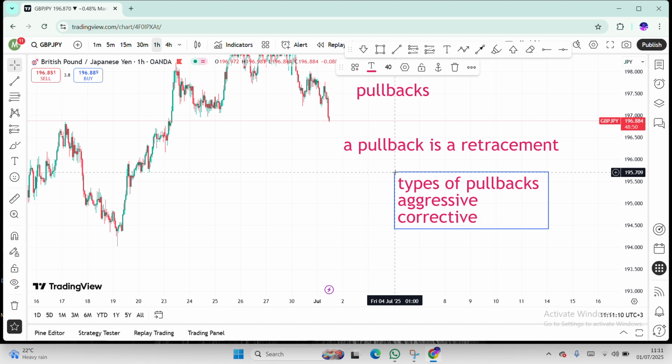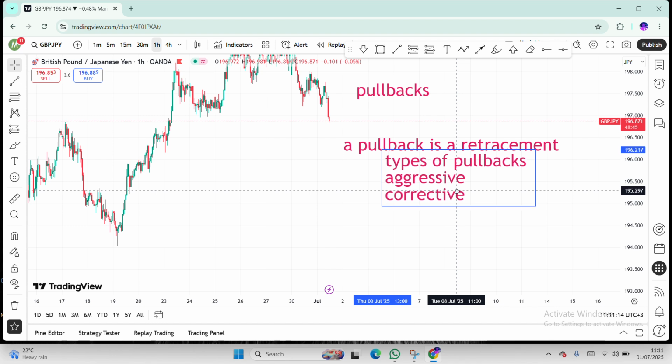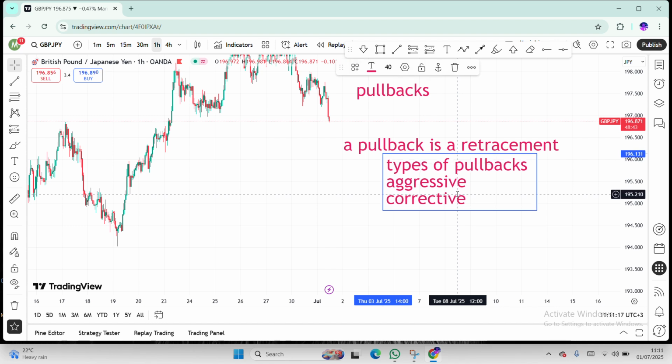So I'm going to define all this for you so that you get the knowledge about it. So I said a pullback is a retracement in the market. The types of pullbacks are aggressive and corrective. Aggressive, it's where the market pushes with a high momentum, hence giving you a stop loss hit or hunting your stop loss.